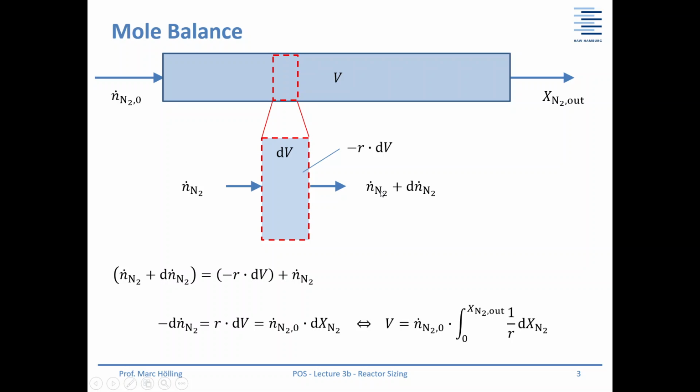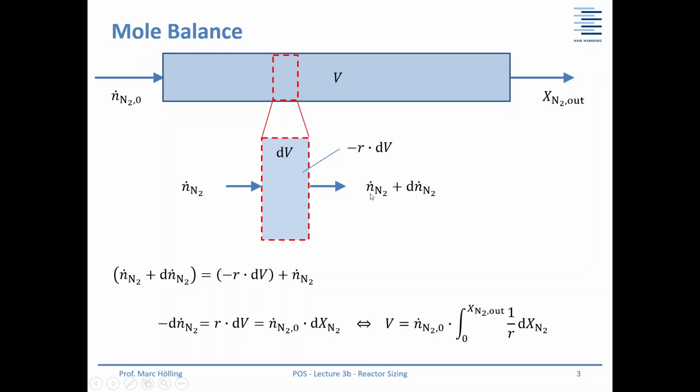Let's say there should be a small change in this mole flow. That's why we say mole flow plus this very small change. Then you can do a balance. The mole flow leaving the reactor should be the nitrogen going into the slice of our reactor minus the amount of nitrogen that is consumed by the reaction.